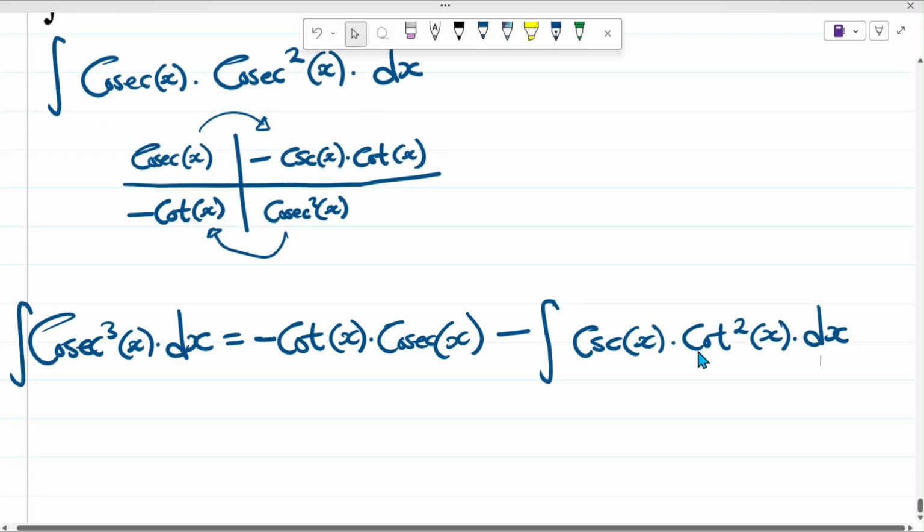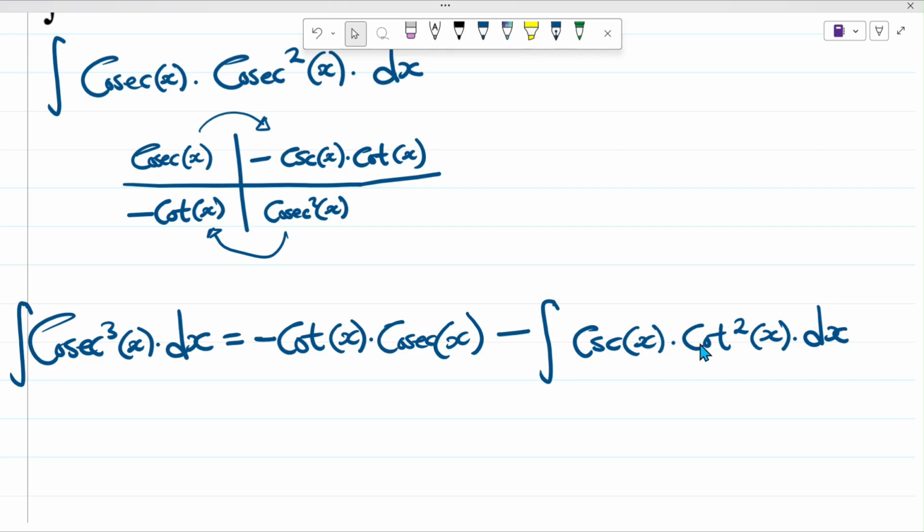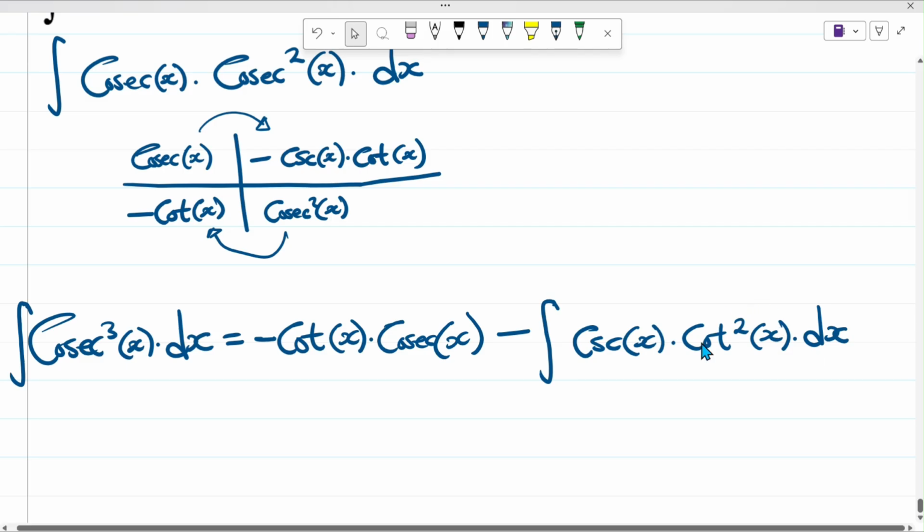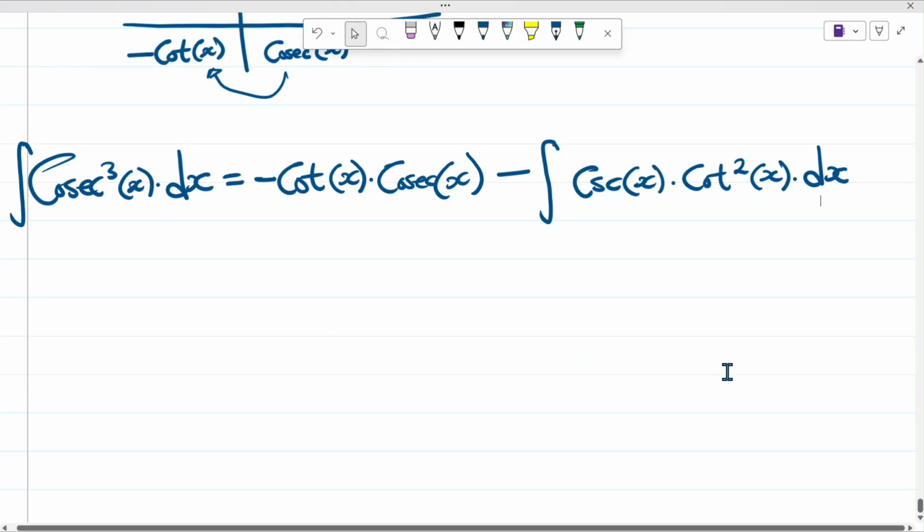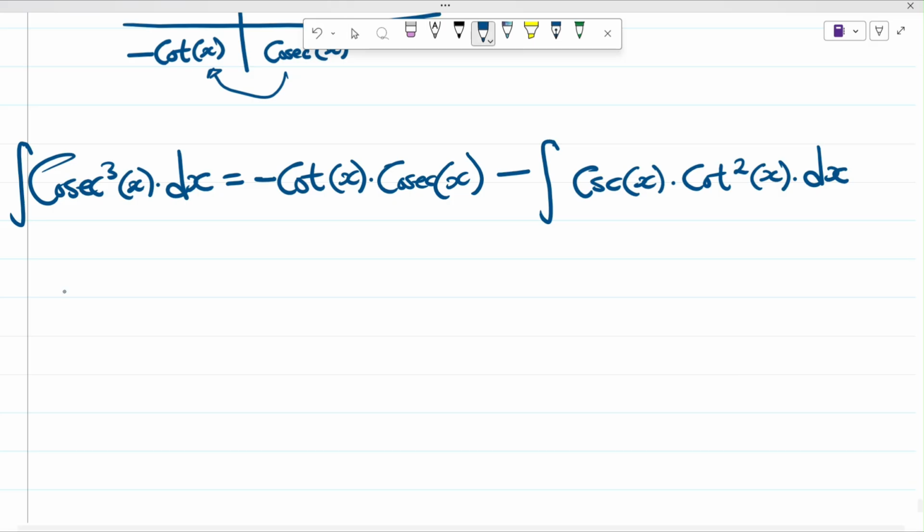So I know that from square identities, I have one of the identities there that involves cot squared and cosec squared, right? So what I'm going to do here is to change this cot squared to cosec squared minus 1.